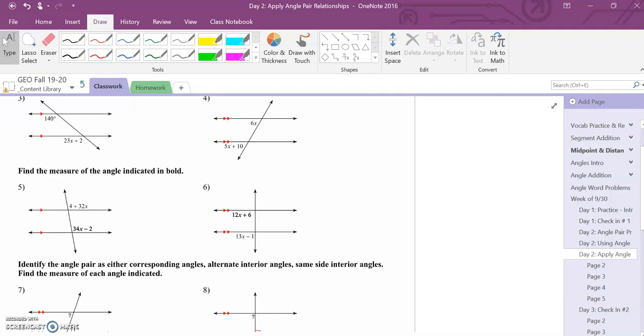Like I said, the first and most important thing is that you can identify what the relationship is, what's the name of the angles that you have. So, for instance, if you look at number 5, when I see these, I notice that both of these are in the top right corner. If you look at them here, top right to top right, they would be corresponding angles. I'm going to abbreviate CORR.